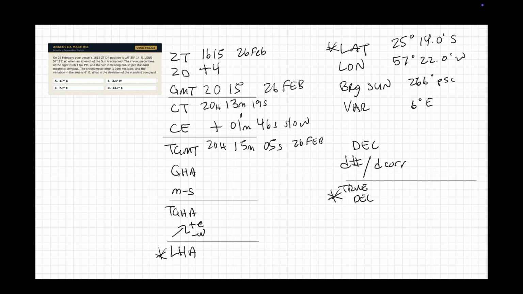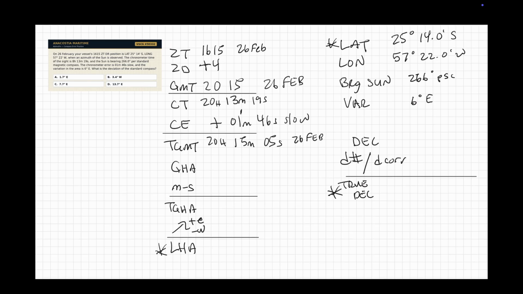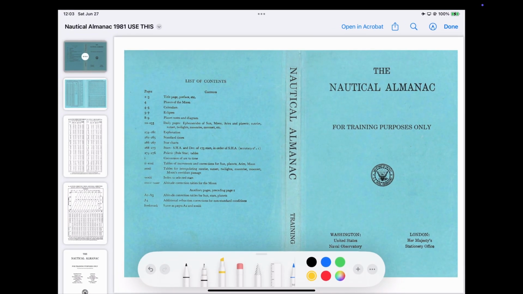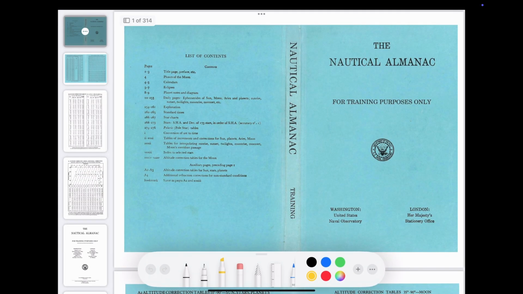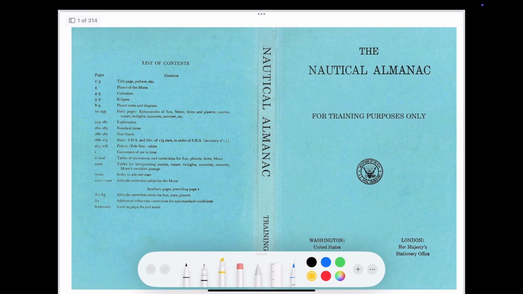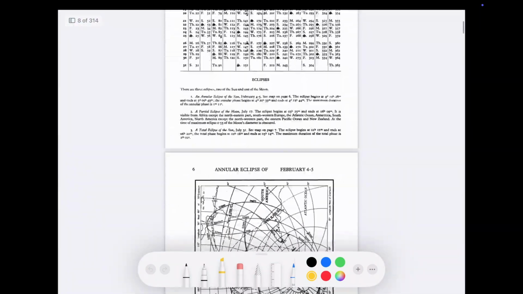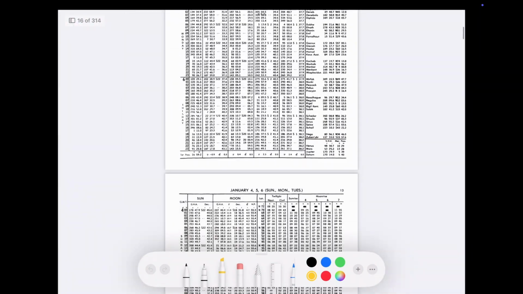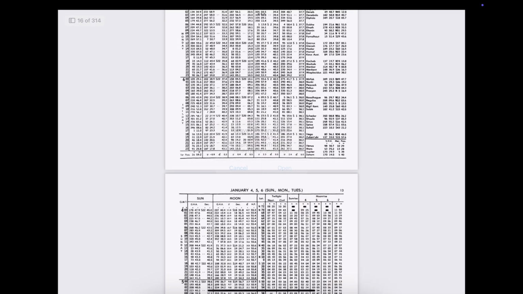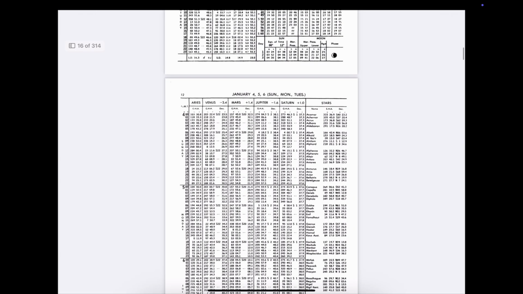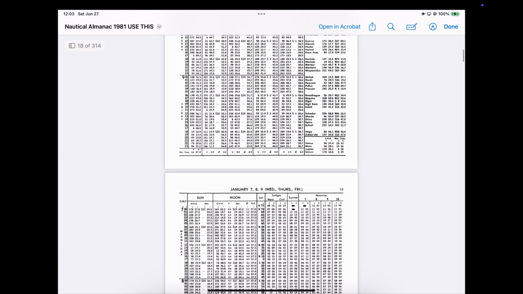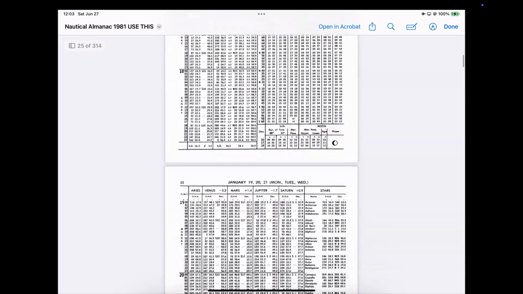Okay, now I'm going to go into my Nautical Almanac and get my GHA. The Nautical Almanac we use is the Training Nautical Almanac 1981. All righty. So we're going to scroll the daily pages and go to our date.